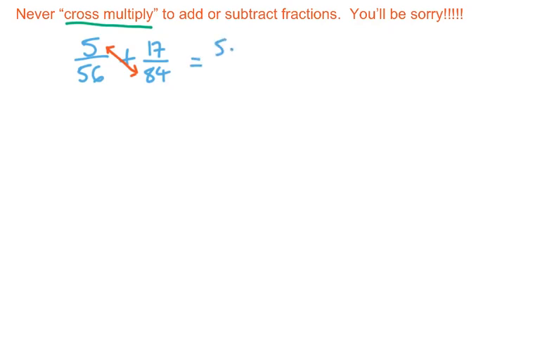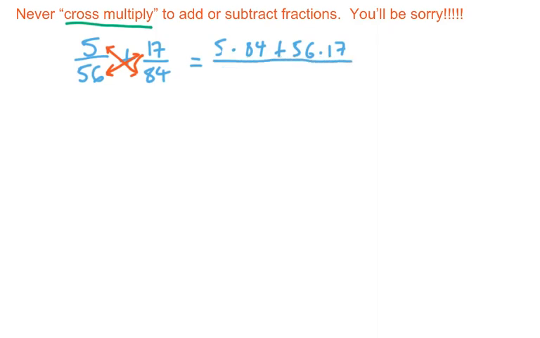5 times 84. That's a times symbol. Then you form a little cross and you multiply the denominator of the first fraction by the numerator of the second fraction, and you add that together. So 5 times 84, again, that's a multiplication symbol, in case that got a little bit ugly, plus 56 times 17.